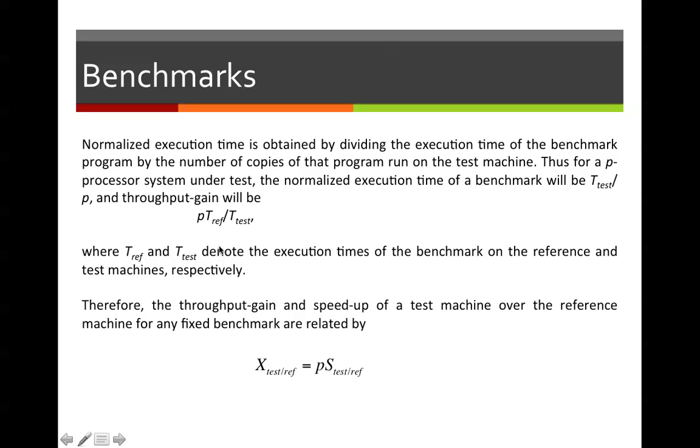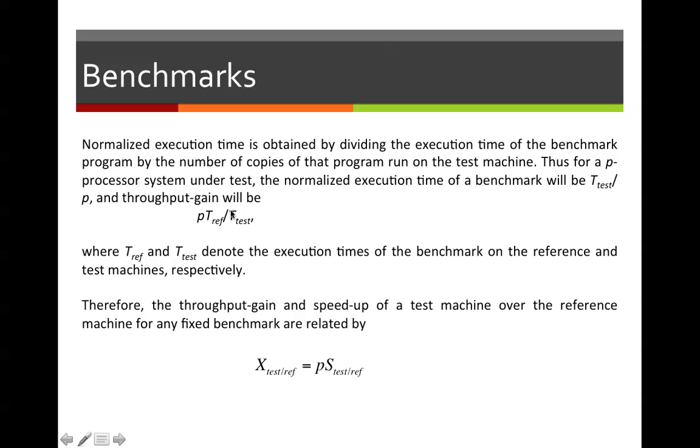Again, that of course is obtained by simply looking at T_ref over T_test over P, where T_test over P is the normalized time of the machine that is run in parallel, with P processors. That is to say, the time is shrunk. This is like Amdahl's law without the sequential part of the computation, if you like.